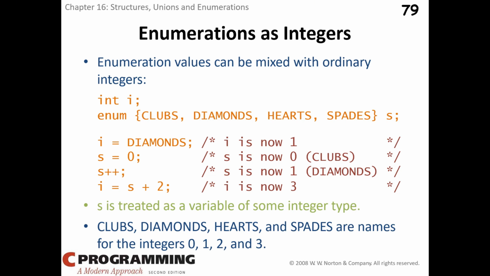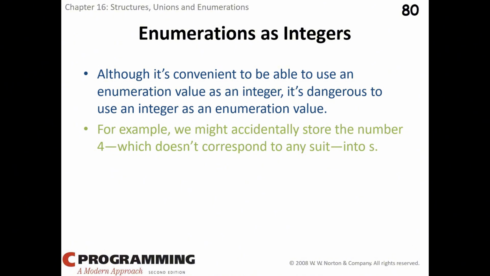While it's useful to interchange between enumeration values and integers in C, there's a problem. Using an integer as an enumeration value can be risky. Consider this scenario: suppose we inadvertently assign the number 4 to a variable s meant to represent a card suit.